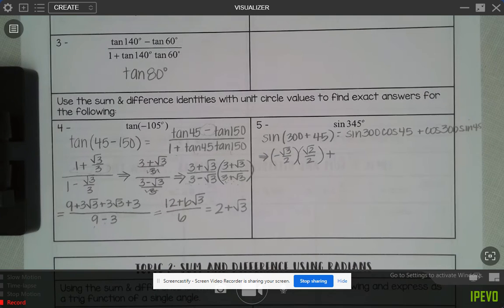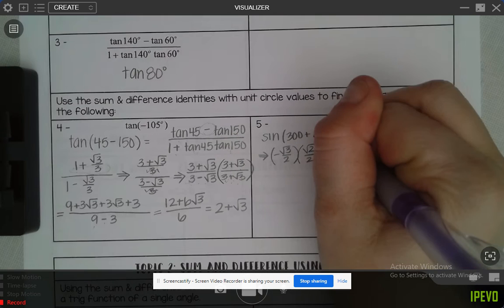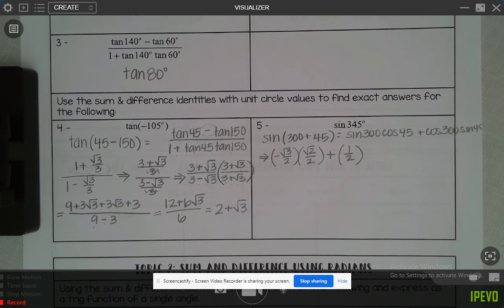Plus cosine of 300. So the cosine of 5 pi over 3. So what's the cosine of pi over 3? That's 1/2. And 5 pi over 3 is in quadrant 4. Cosine is positive, so it's going to be a positive 1/2. That's exactly how you think about when you take those.